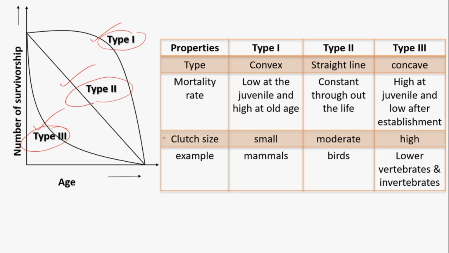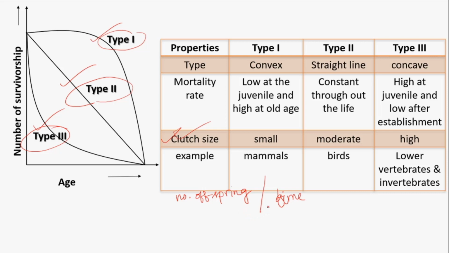Here a new term is introduced, that is clutch size. Clutch size is the number of offspring produced by a female individual at once, that means the number of offspring per time. So type 1, that means mammals, show a low clutch size.